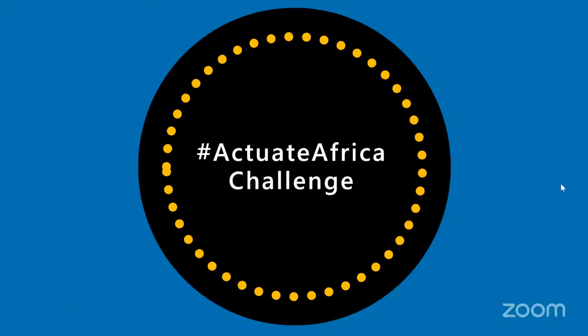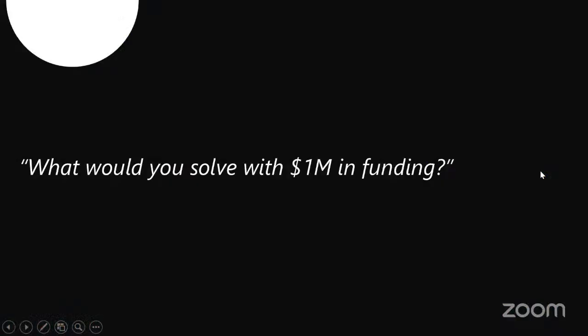So we're going to look at the Actuate Africa Challenge. In this challenge, we are posing a question to everyone: what would you do with 1 million in funding? Or what problem would you solve if you had 1 million?